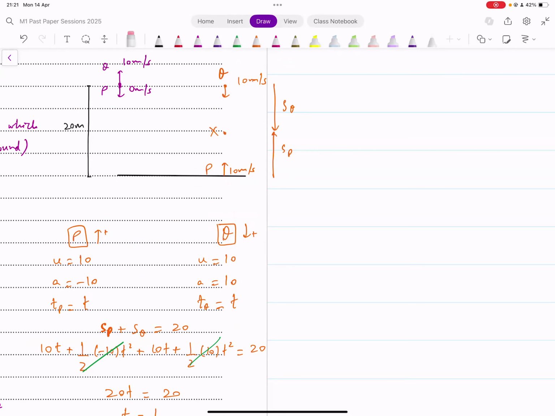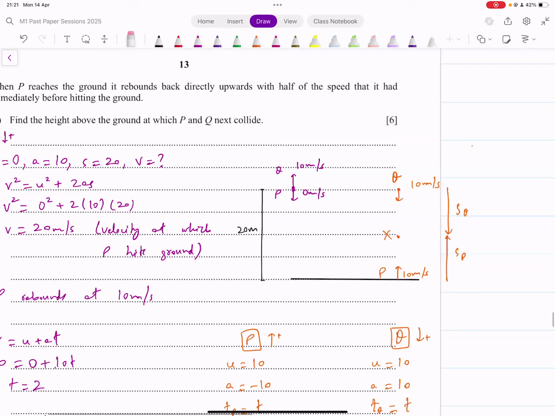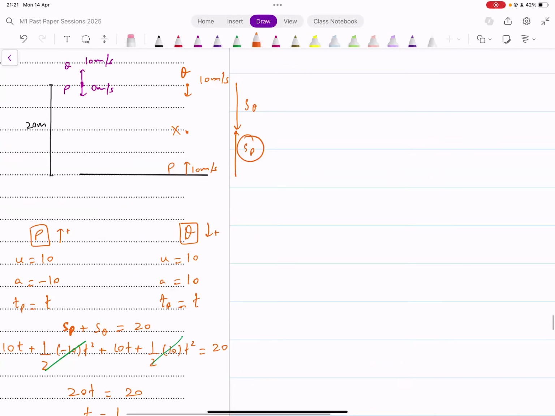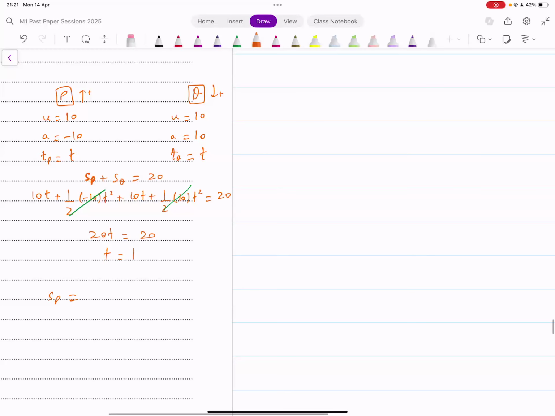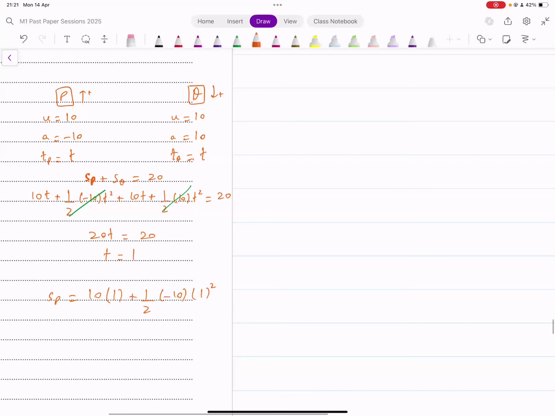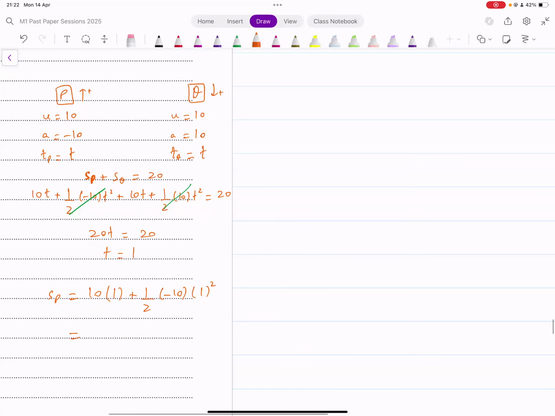We wanted the height at which the collision happens. What's the height? SP equals ut plus half at squared. That's 10 times 1 plus 1 over 2 into minus 10, which is 1 squared. What do we get from this? 10 minus 5, and that's 5 meters.